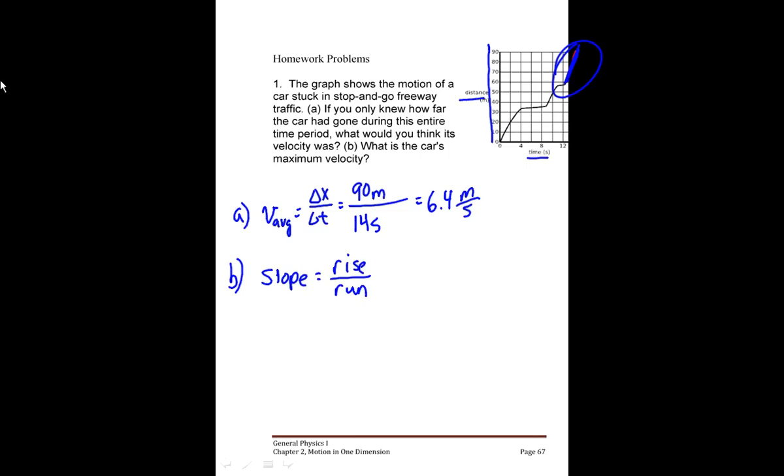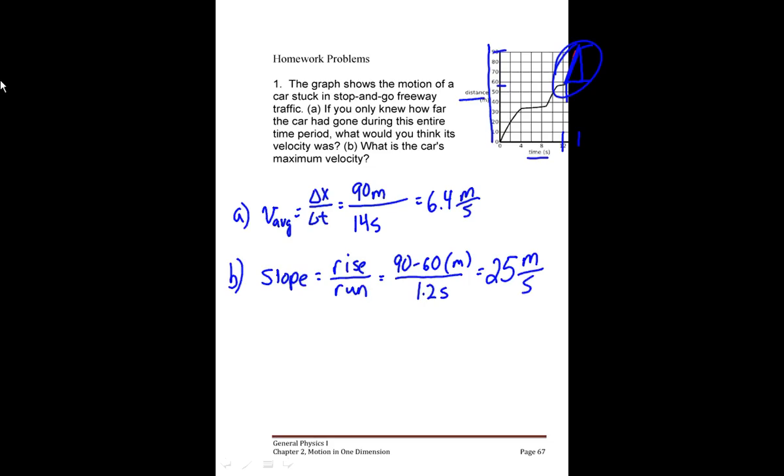I'll make a little triangle, and I can find the rise by looking at the y-axis, and the run by looking at the x-axis, and I find that the rise is 90 minus 60, in meters, divided by 1.2 seconds. That is the elapsed time for that leg, and that gives me a speed of 25 meters per second.